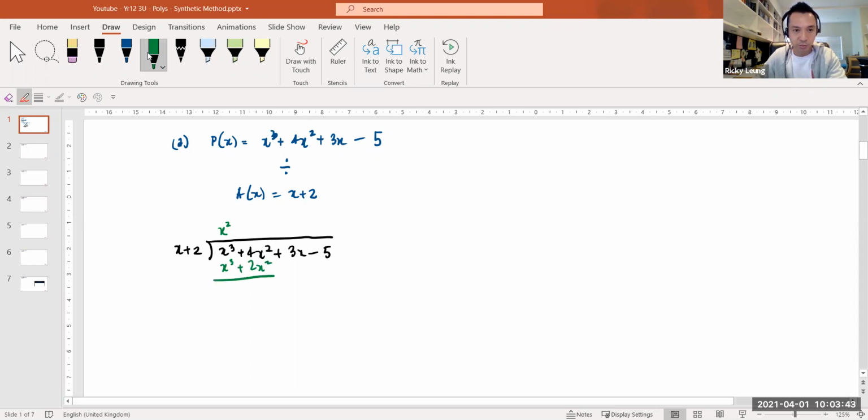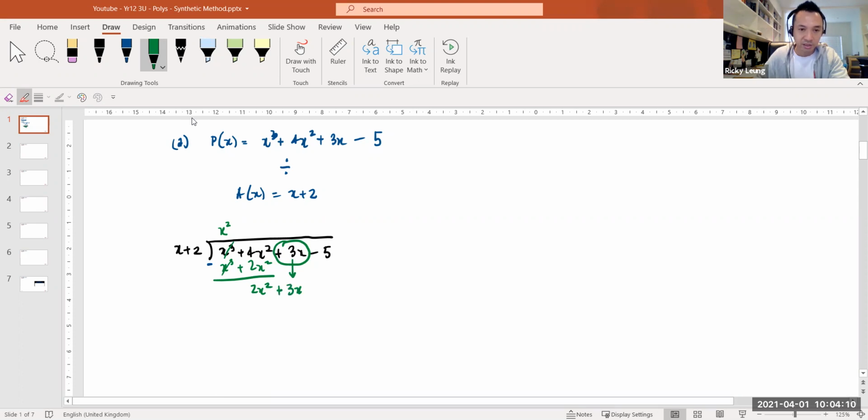Third step is that you subtract, which gives you, that guy goes away. That's the whole purpose of selecting that guy in the first place. 4x squared minus 2x squared, that's 2x squared. So step 1, identify x squared. Step 2, multiply. Step 3, subtract. And then step 4, bring down the next term to do this again.